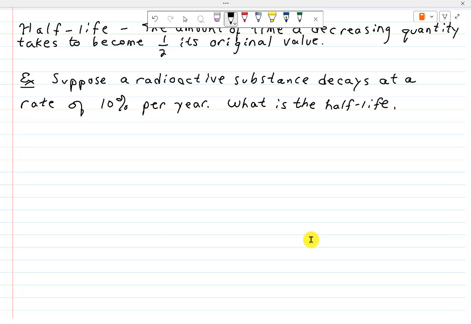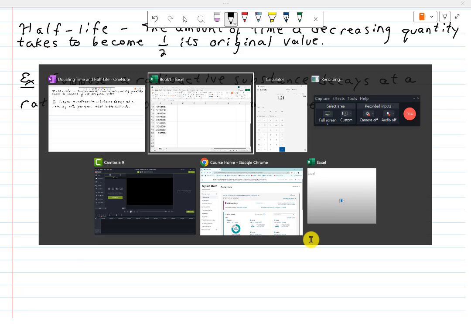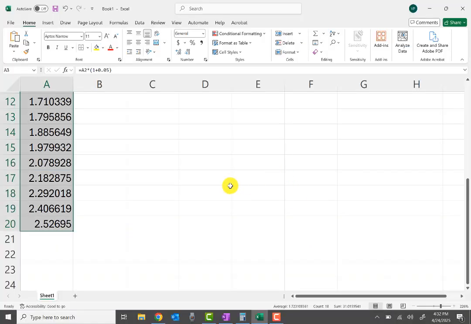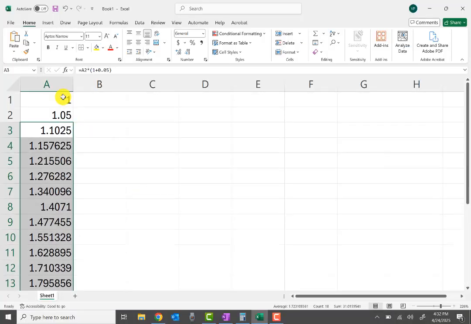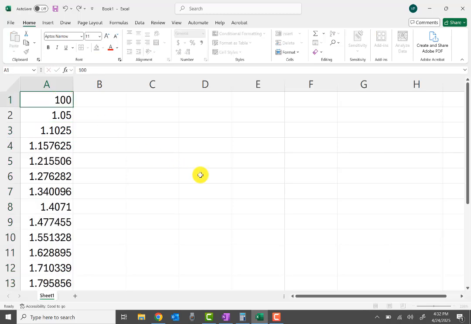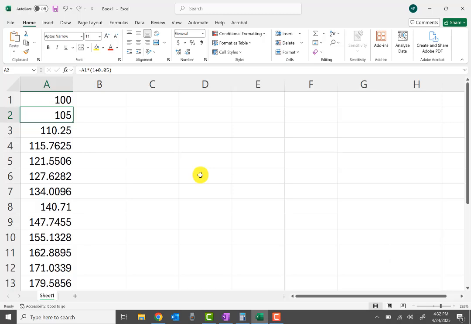Going into Excel and solving this is just as easy as before. Let me come back to it. Now, you can start with 1, but I'm going to change this to 100. It's just easier for me. And then basically, I'm going to want to see at what time it takes to get to 50.